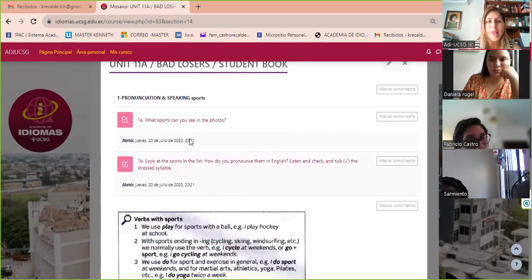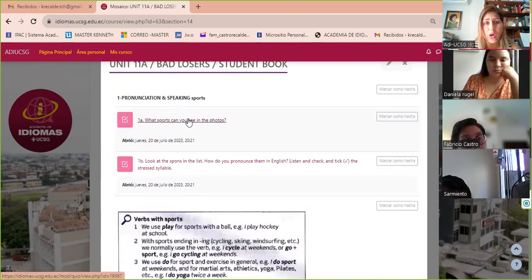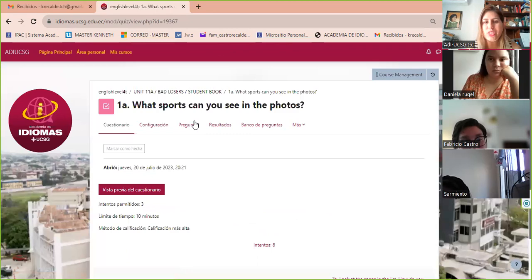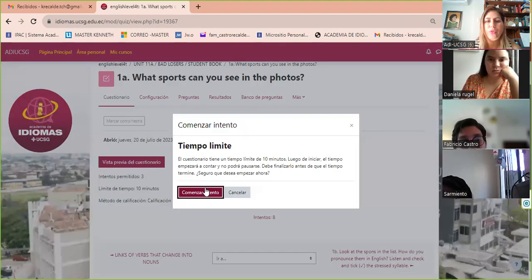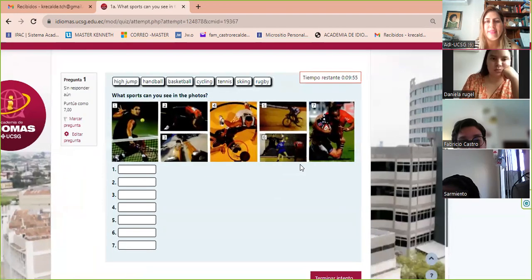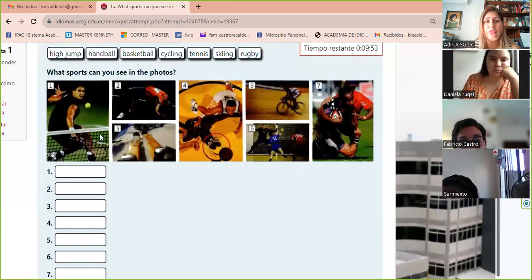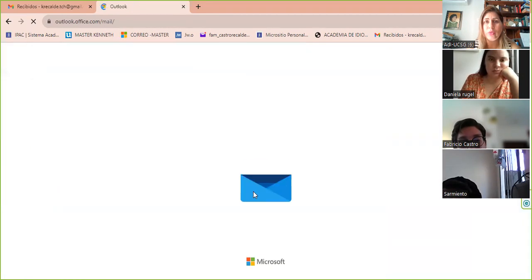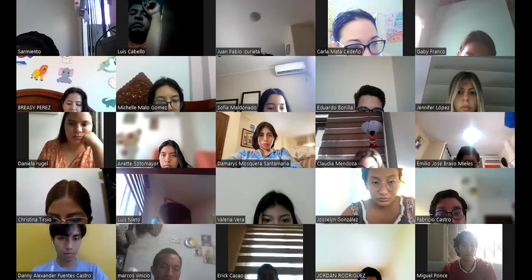Okay, let's see. So first of all, let's work on exercise 1. What sports can you see in the photos? Here we have the sports. There are 7 sports and there are 7 words.